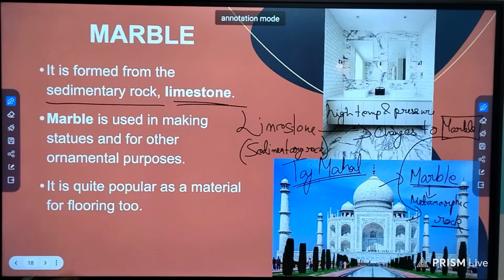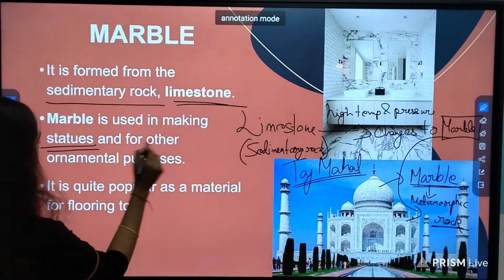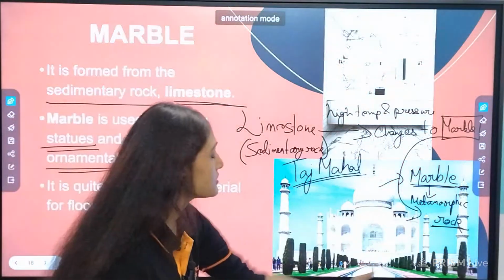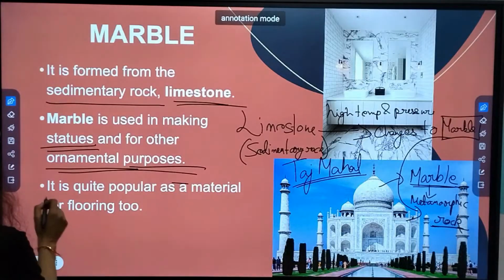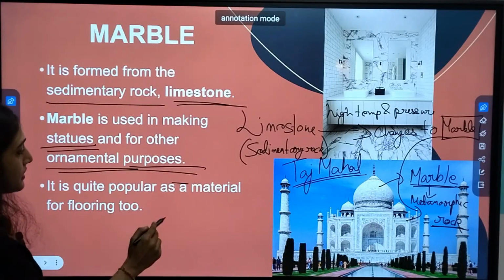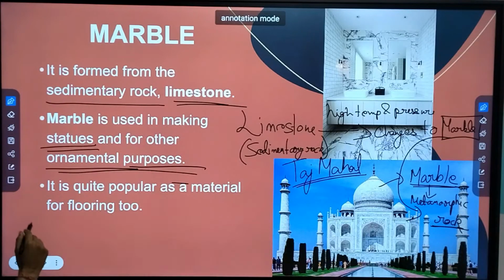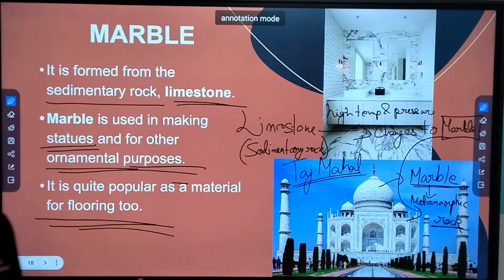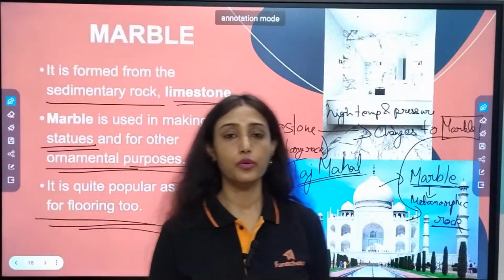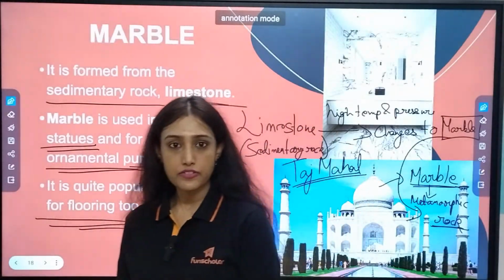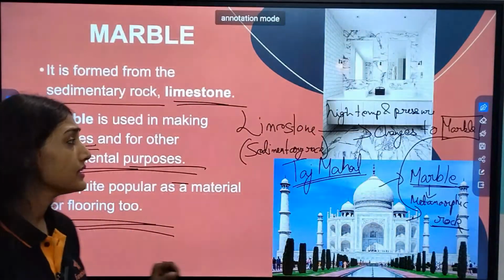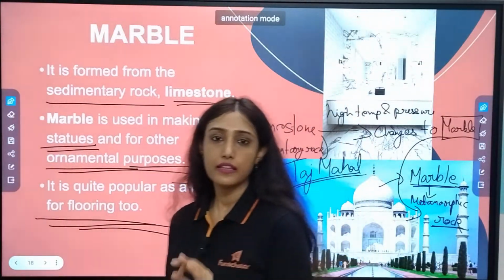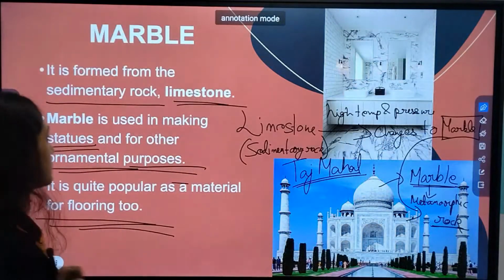Marble is used in making statues and for other ornamental purposes like building stone. It is quite popular as a material for flooring. Many of your houses have marble flooring. Even in your bathroom you use marble in the floor. Okay, good.